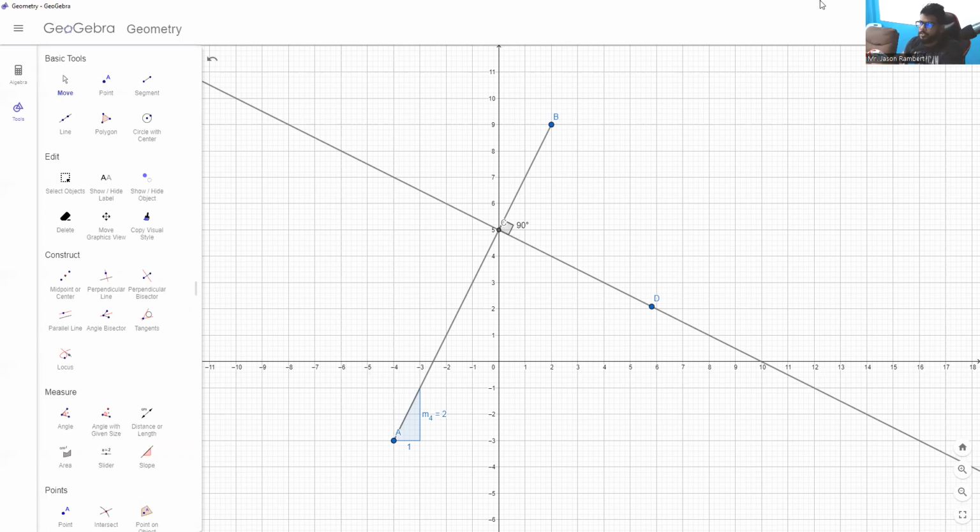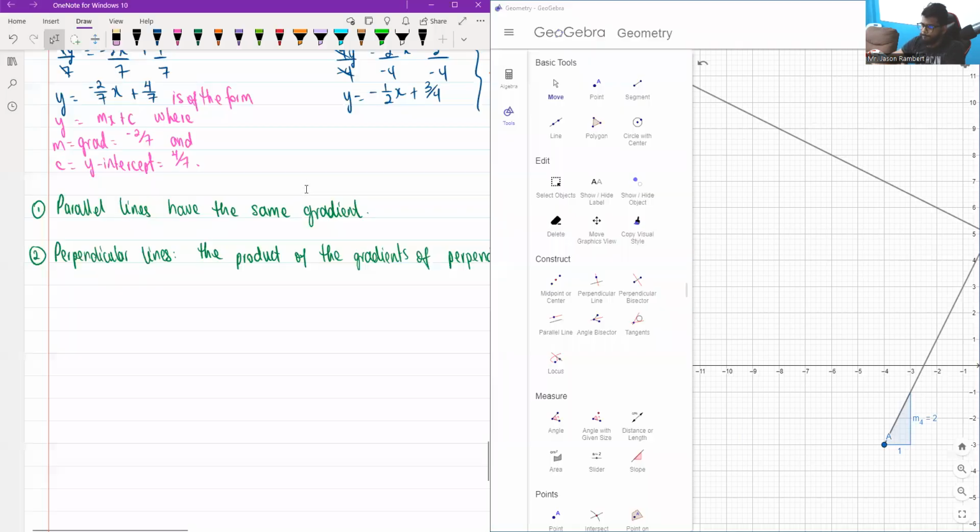Let me transition that into some notes here. For example, using the same case I drew here, the gradient of AB is equal to 2. CD is perpendicular to AB.